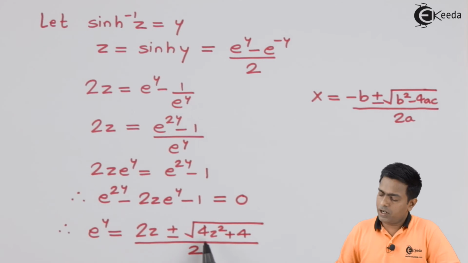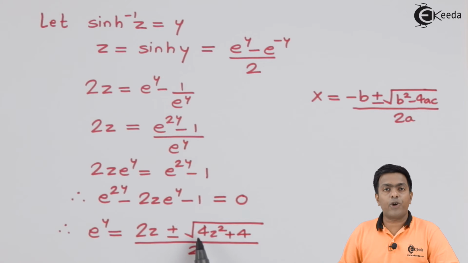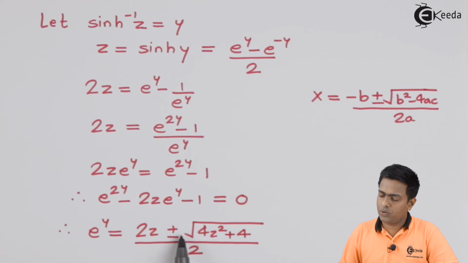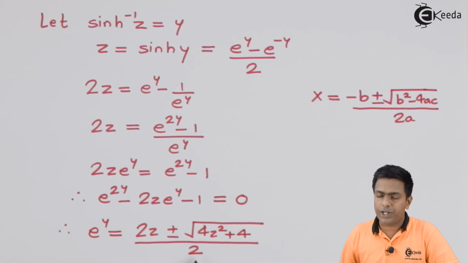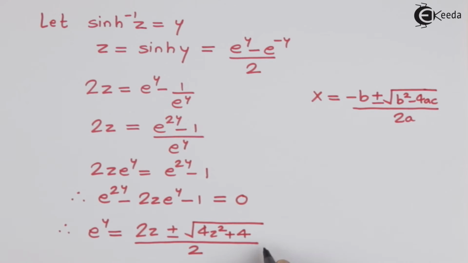Now guys, here the square root of 4 is 2. This 2 we can take common, and it will cancel with the 2 of the denominator. So from here we will get z plus or minus under root z square plus 1. So we got e to the power y as z plus or minus under root z square plus 1.